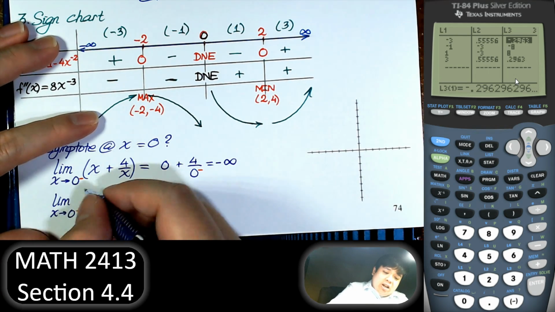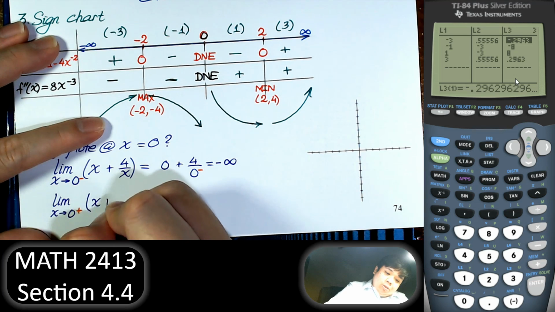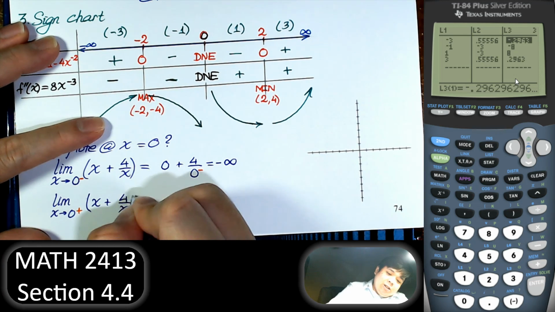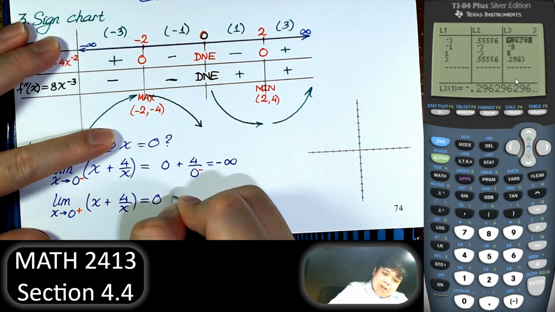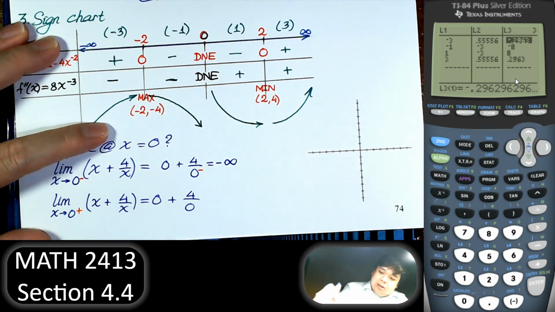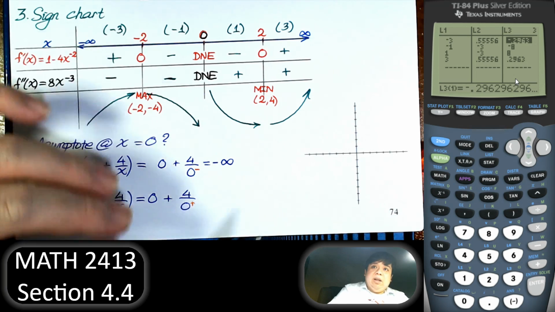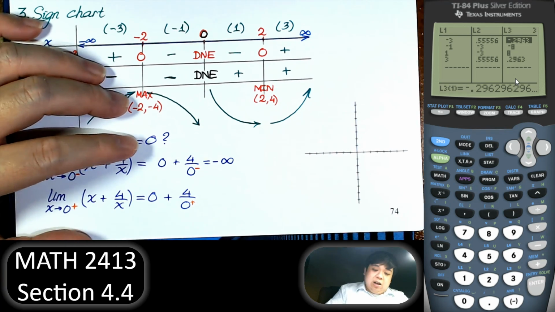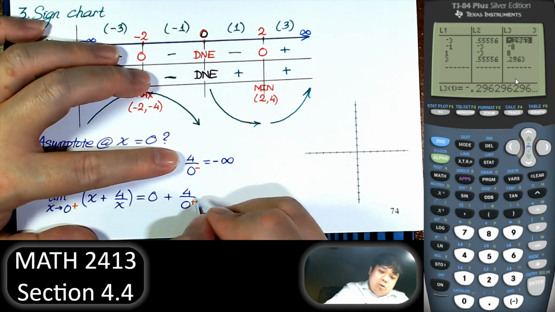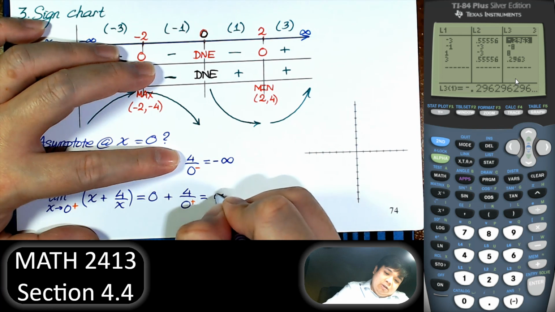One of these is enough to say it is an asymptote. And a constant divided by something that goes to 0, so this is positive infinity.